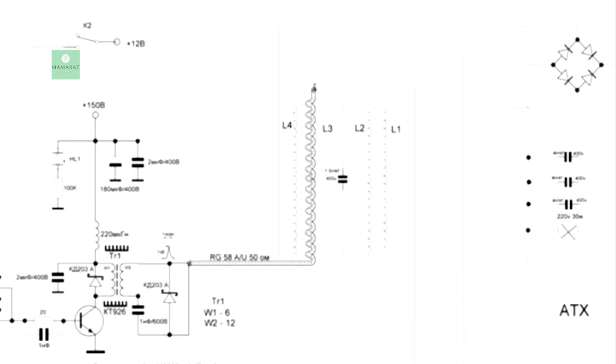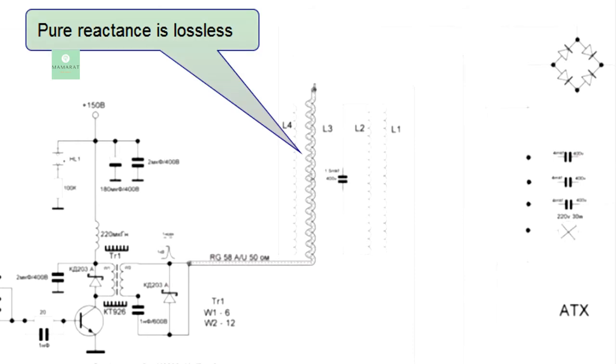That capacitor at the end, maybe you could put some energy in there for a fraction of a second, but where's the energy going to go? A pure reactance is lossless. It cannot continuously absorb energy. So by definition, you put a pure reactance, capacitor, inductor, whichever, it has to reflect all of the energy you sent into it. It's going to create a phase shift in the process of doing it.